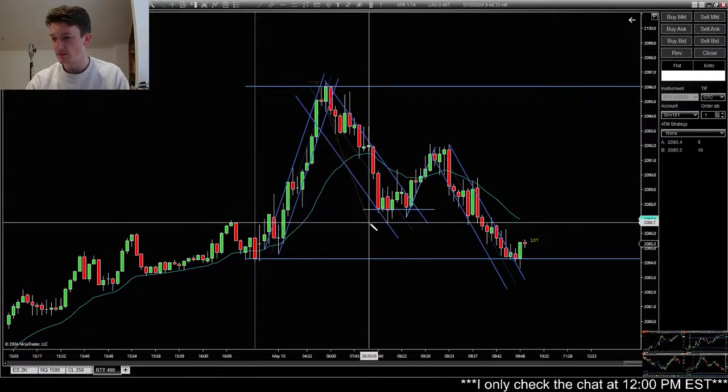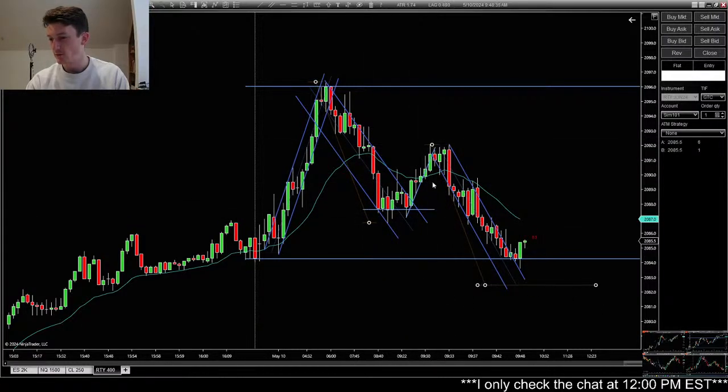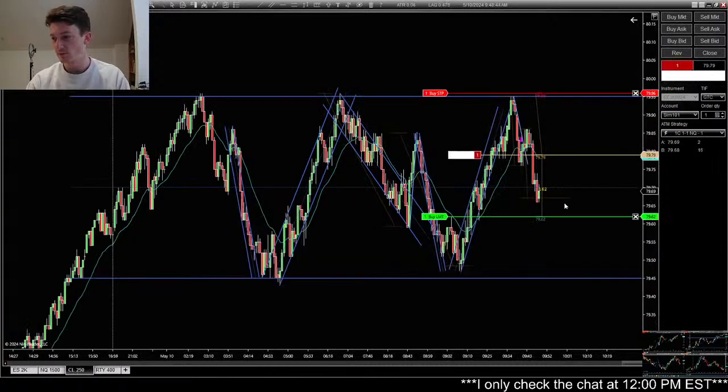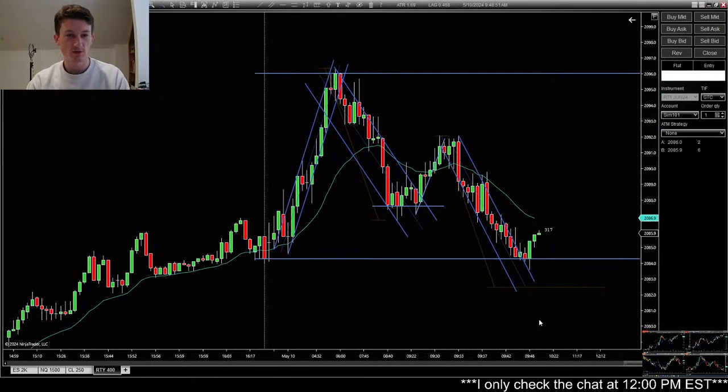Kind of looks like 2 legs down. Not quite measured, but pretty close. So looking for a strong push up there. Looks like the CL is getting pretty close to my target there. It's possible it hits that. The RTY moving on up, so if we do get a strong move up and through that EMA, there's a good chance I'll be interested.